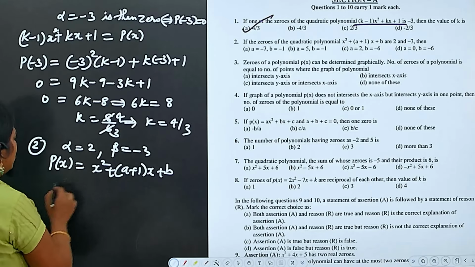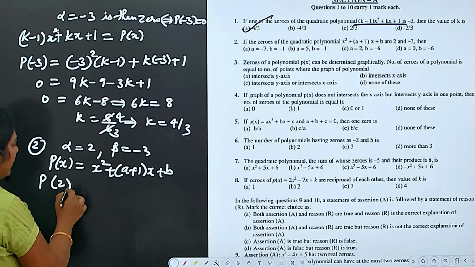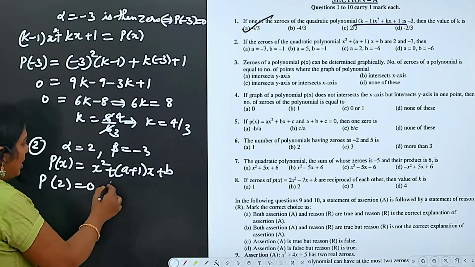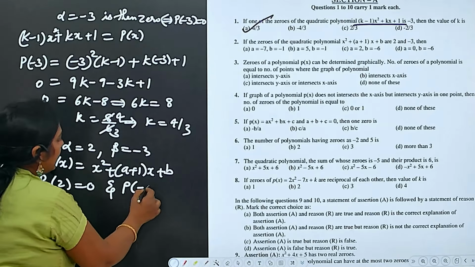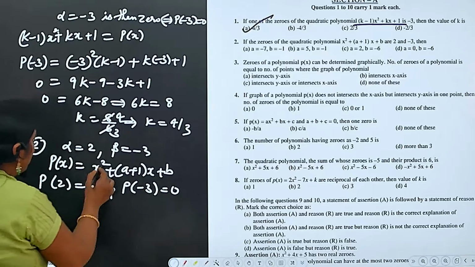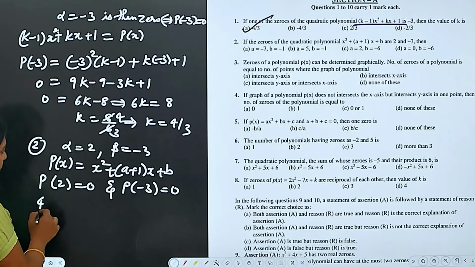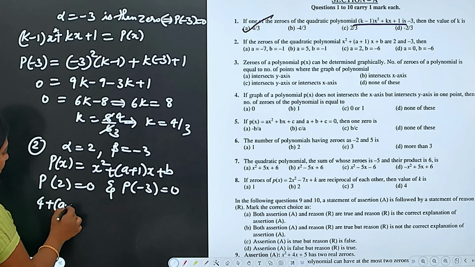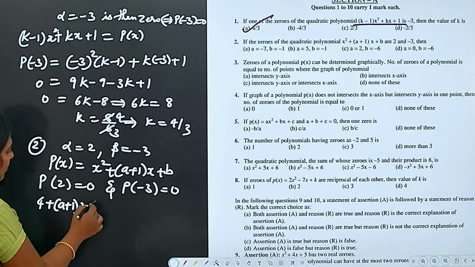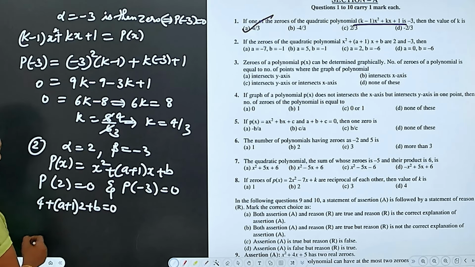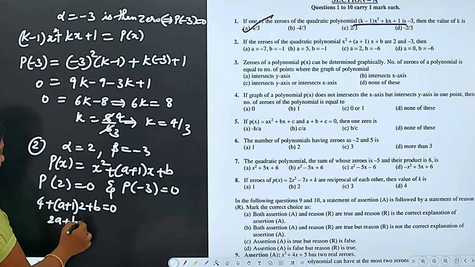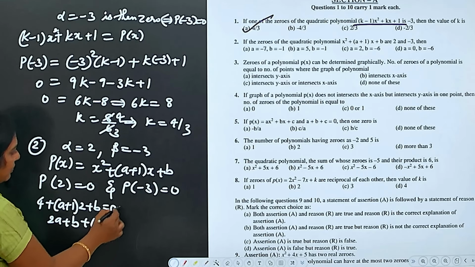These two are zeros means we have the relation P of 2 equal to 0 and P of minus 3 equal to 0. P of 2 means 2 2s are 4 plus of a plus 1 into 2 plus b equal to 0. Here 2a plus b, 4 plus 2 is 6 equal to 0.